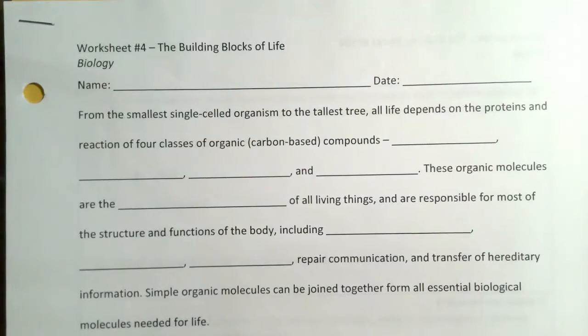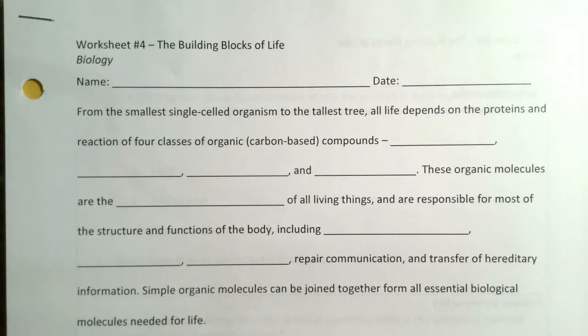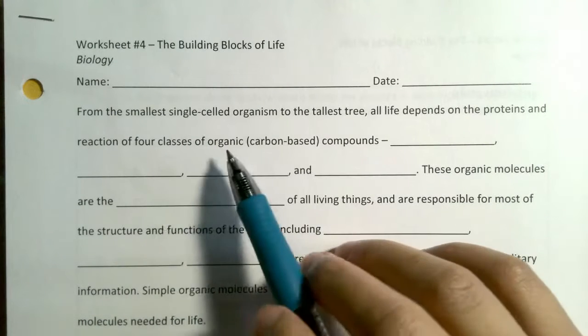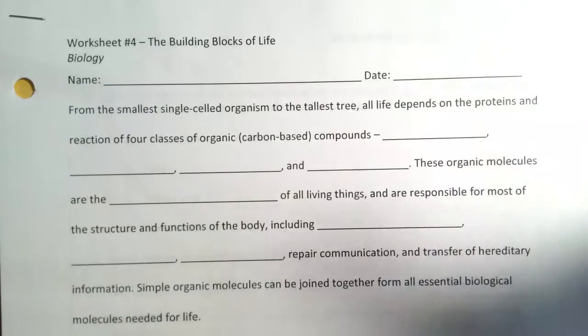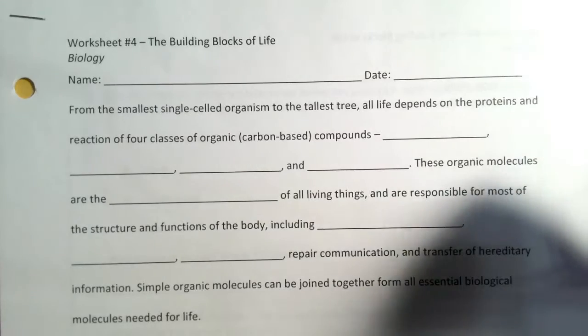Alright, worksheet number 4, the building blocks of life. From the smallest single-celled organism to the tallest tree, all life depends on the proteins and reactions of 4 classes of organic carbon-based compounds.